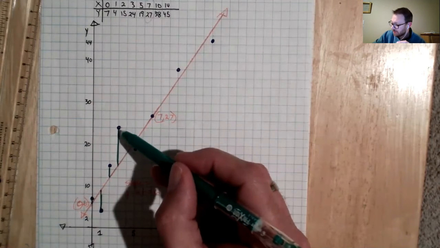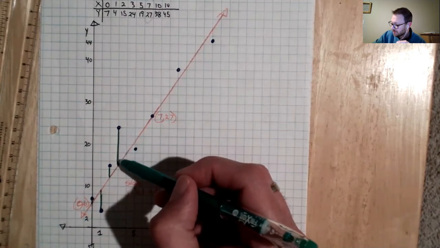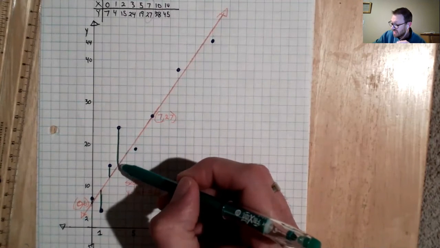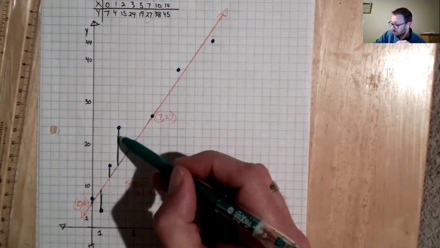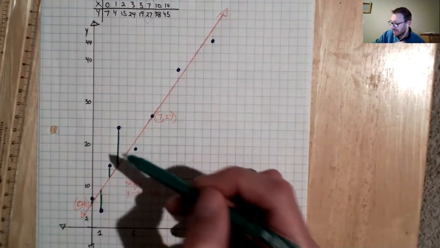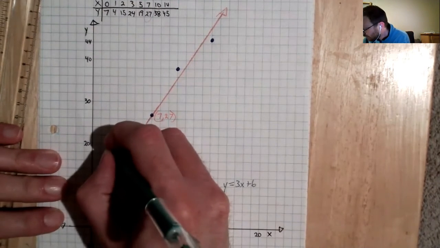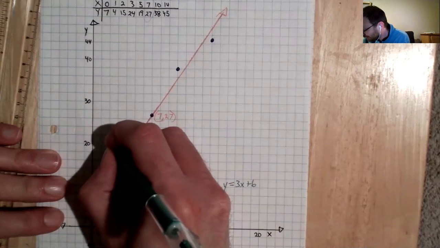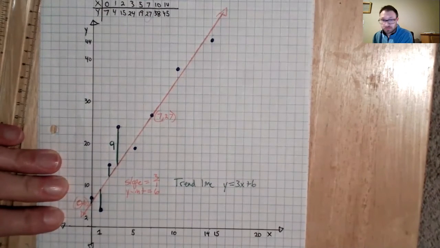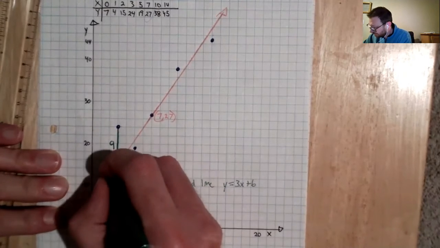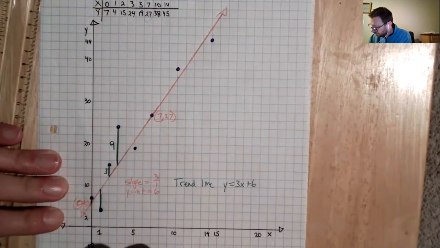So in this case, what do I have? 2, 4, 6, 8, 9. Sorry, I can count. So the residual here is 9. The residual here, 3.